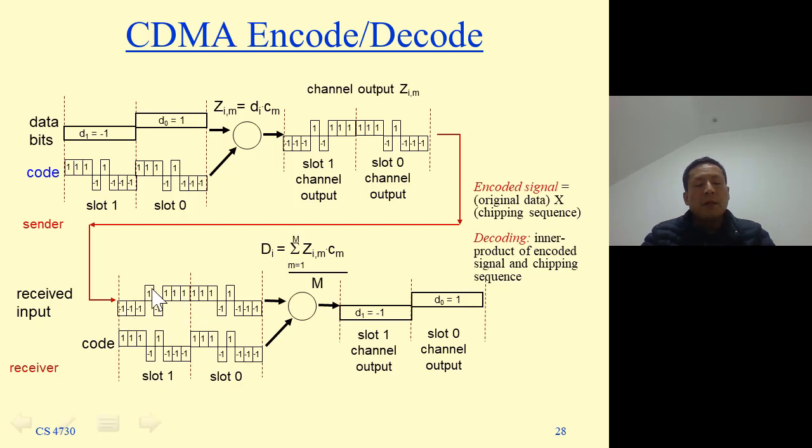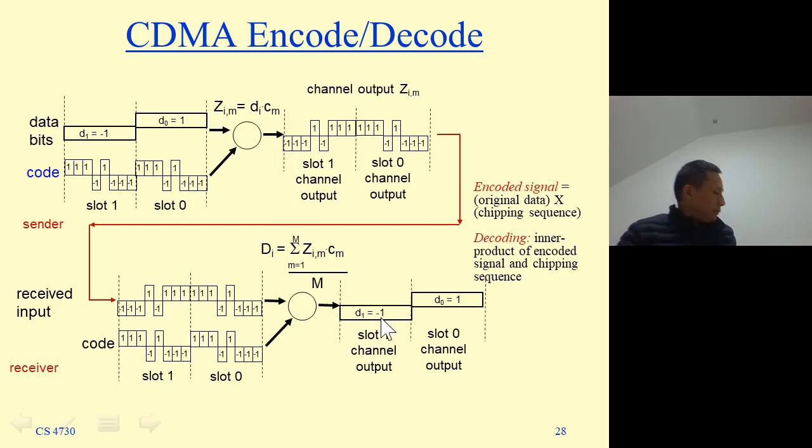You do this for each slot, and you will be able to get a digit for each slot. In this case, you get -1 in this slot after you do this. So it is a bit by bit multiplication, you add them together, and you divide them by 8.